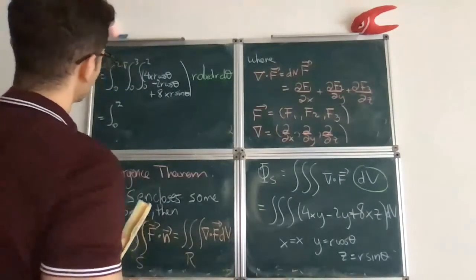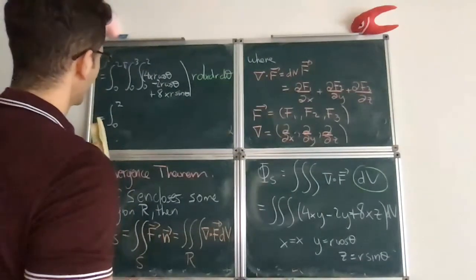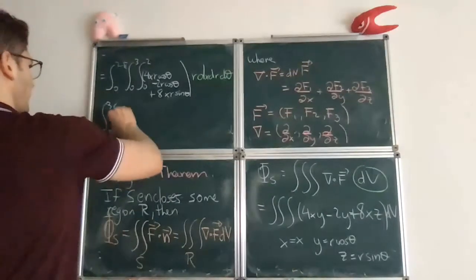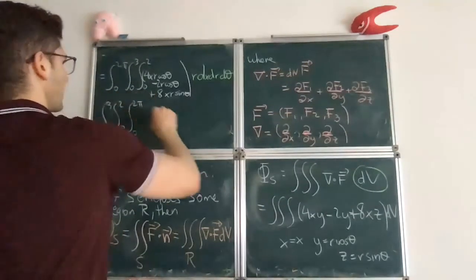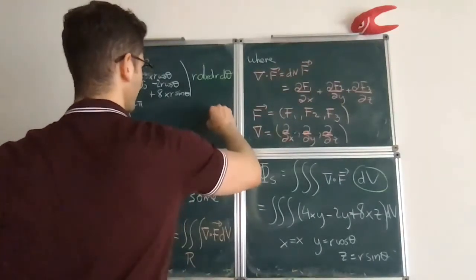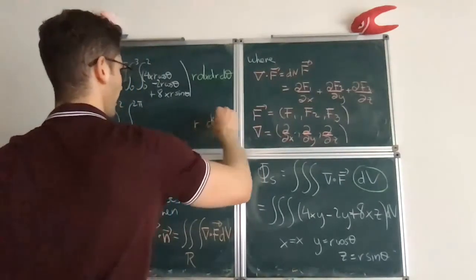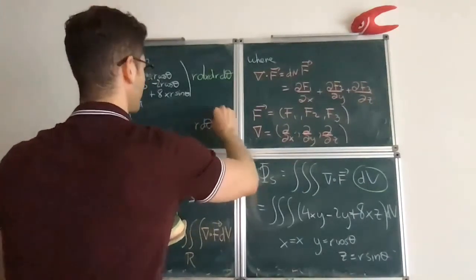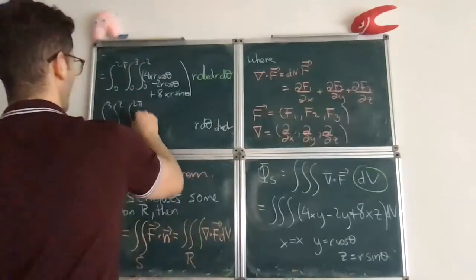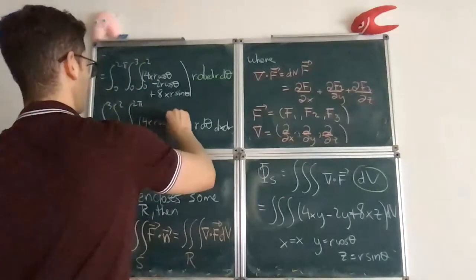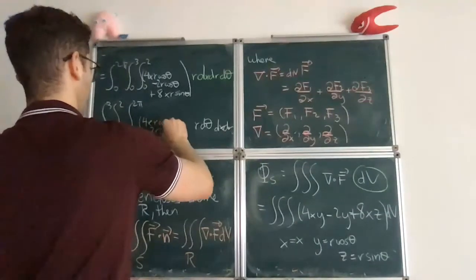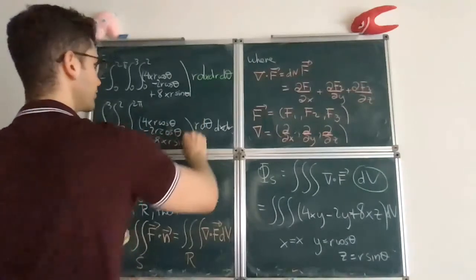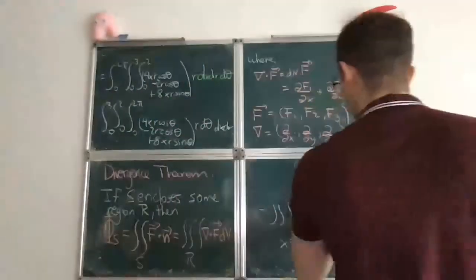There's a trick that you can do. Really, there's nothing preventing you from integrating first with respect to theta. You'll see why I want to do that in a moment. So I just want to switch the order in which I would have normally integrated this.